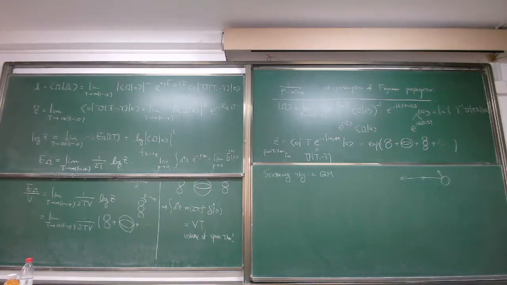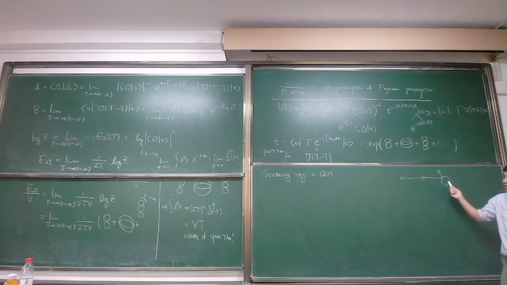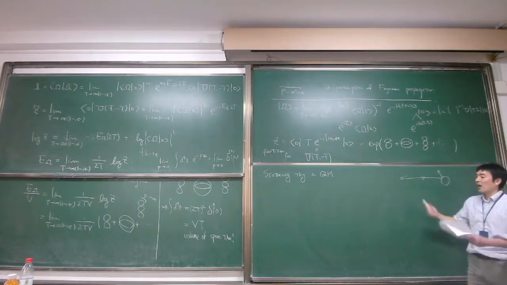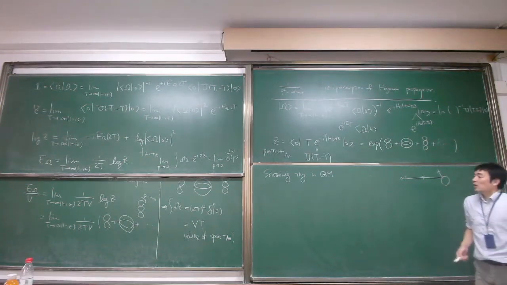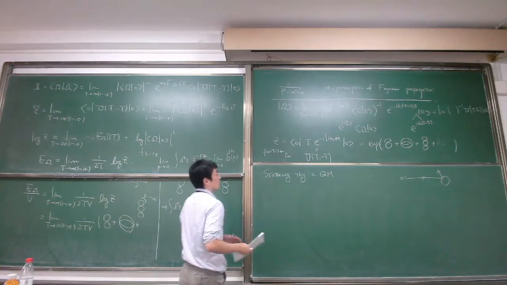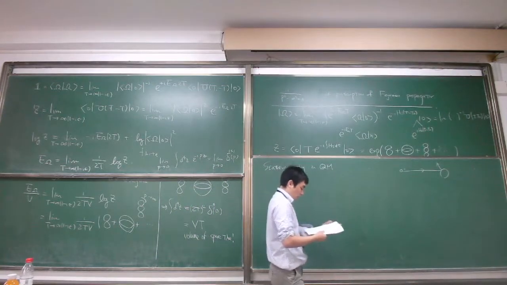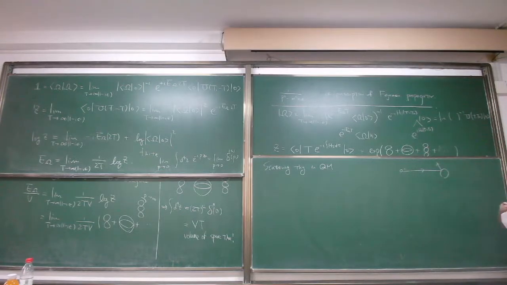This is exactly what Rutherford did: he inserted alpha particles into gold foil and measured how the alpha particles were scattered by the gold foil. That's how quantum mechanics was actually developed. So this scattering theory is really the intersection between theory and experiment, and therefore it's very important.